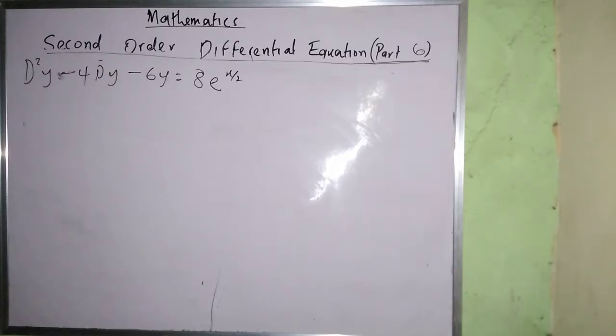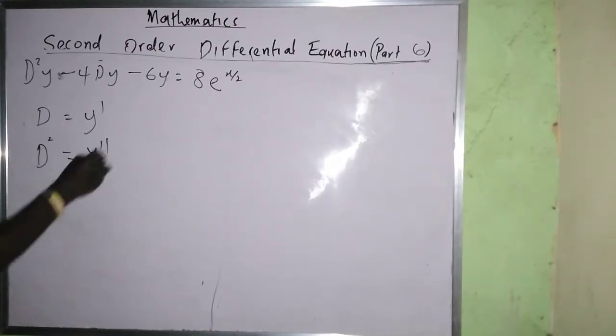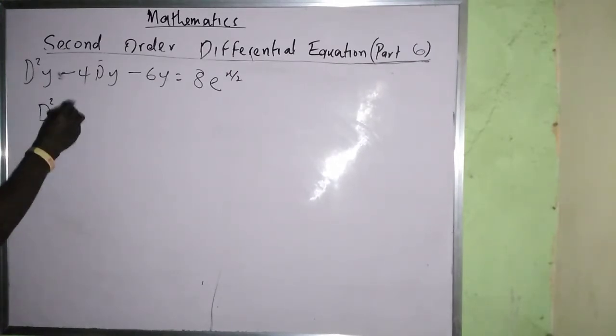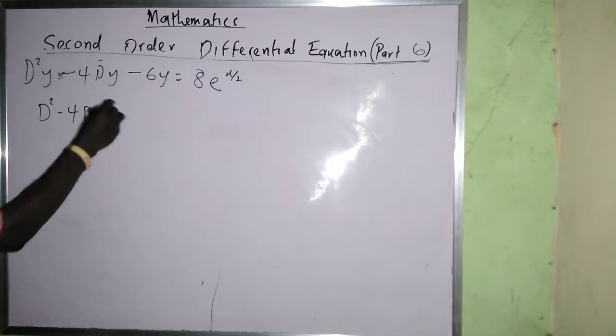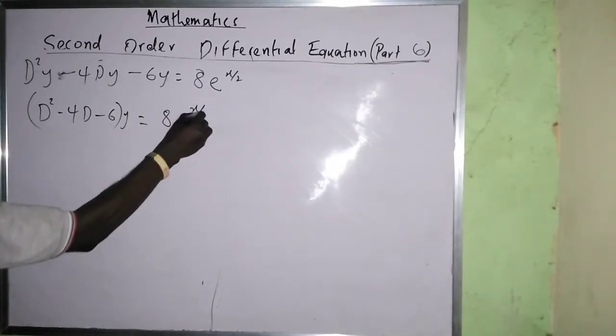This is very, very important. Note that my D operator, D squared, is meant for y double prime. That is not a problem. So I can turn this to D squared minus 4D minus 6, all bracket of y, equals 8e^(x/2).